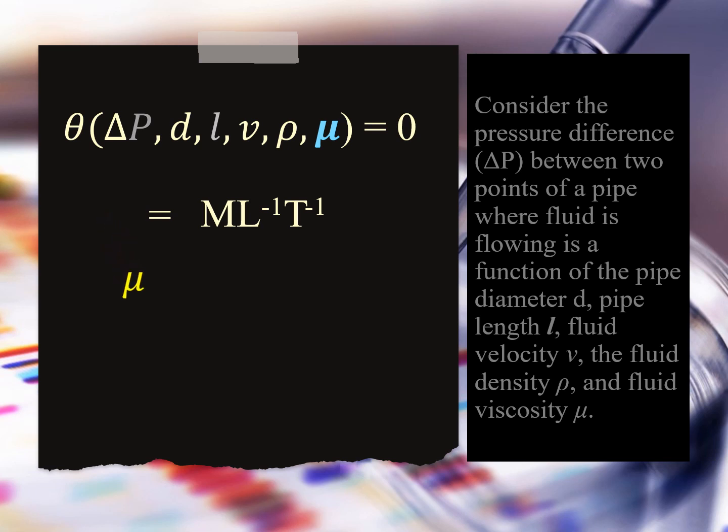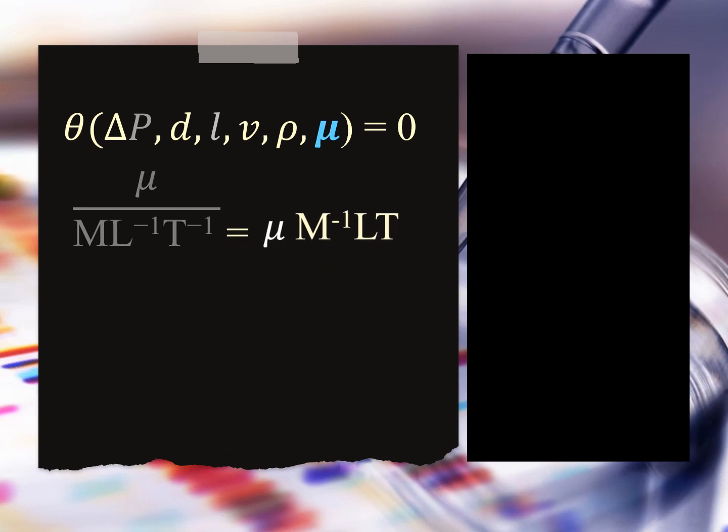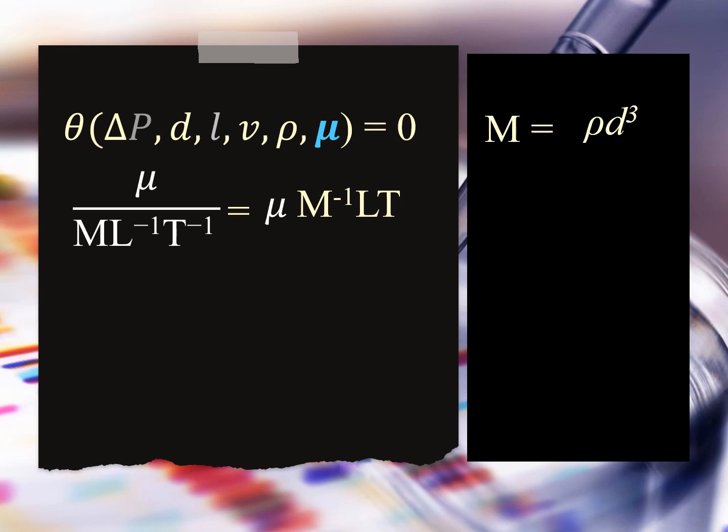Thus, you have mu over M L raised to negative 1 T raised to negative 1, which can, of course, be written also as mu times M raised to negative 1 times L times T. Recall again that we have already determined that M equals density times D cubed, L equals D, T equals D times V raised to negative 1. So we can now substitute the variables of M, L, and T into our rewritten expression of mu times M raised to negative 1, L, T.